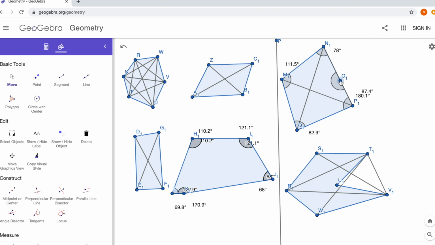So 180.1, I move it a little inward. I want to show you how the angle changes if I move it outward and inward. So it is decreasing if I move it outward, and increasing if I move it inward.